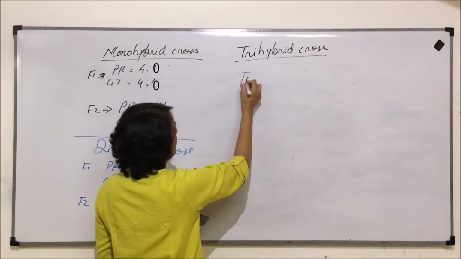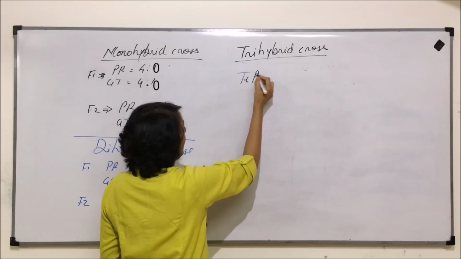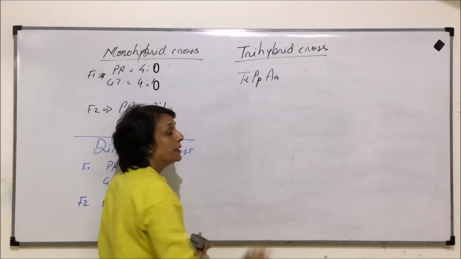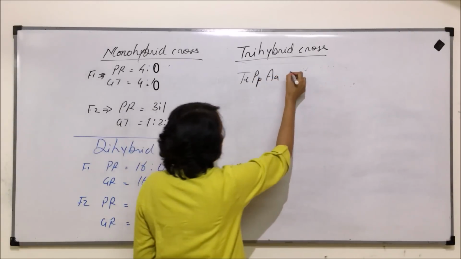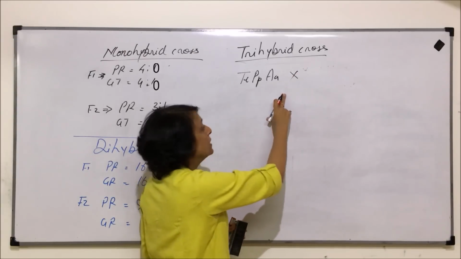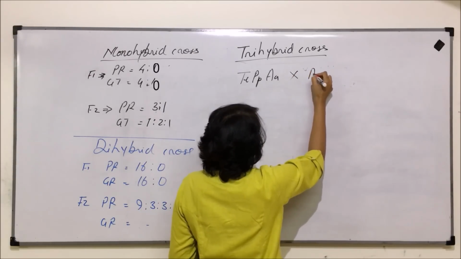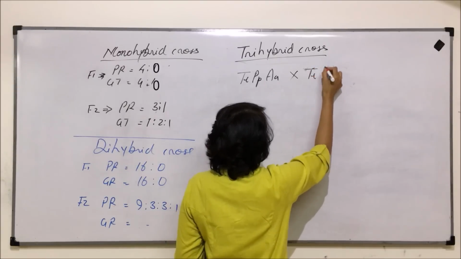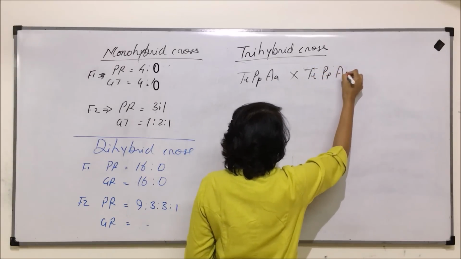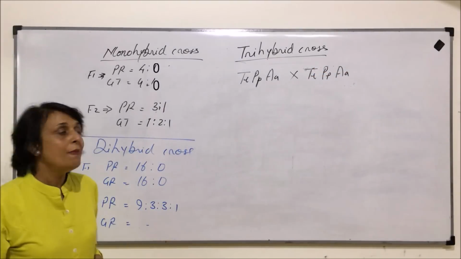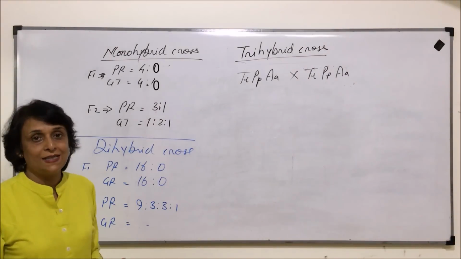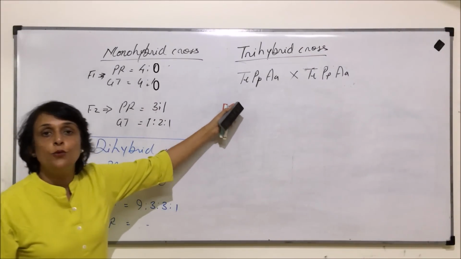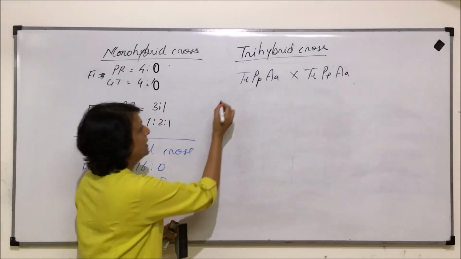Now we are crossing members of F1 to get the F2 ratio. So members heterozygous for all 3, capital T, small t, capital P, small p, capital A and small a. Now, how many gametes are produced? Number is 8 and types are going to be, again here 8 types.